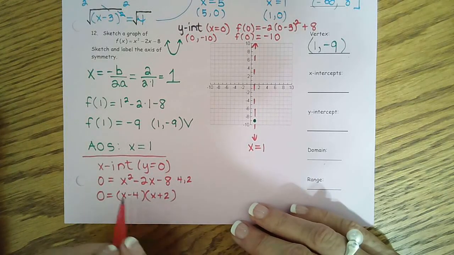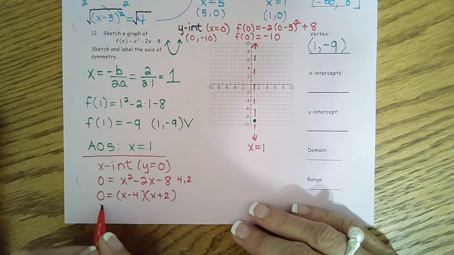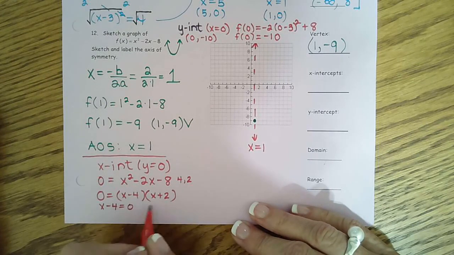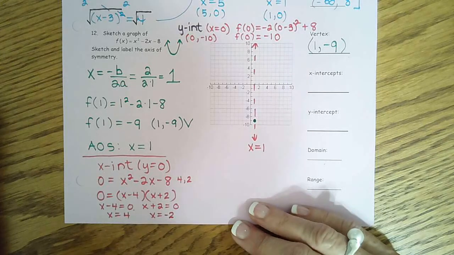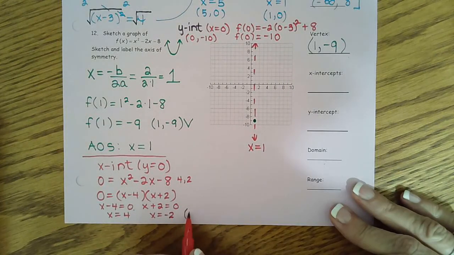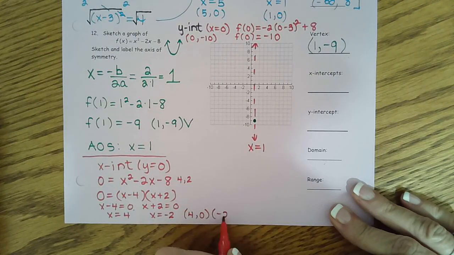So if a times b equals 0, either a is 0 or b is 0. And so add 4, we get x equals 4. Subtract 2, we get x equals negative 2. So our two x-intercepts are 4, 0 and negative 2, 0.